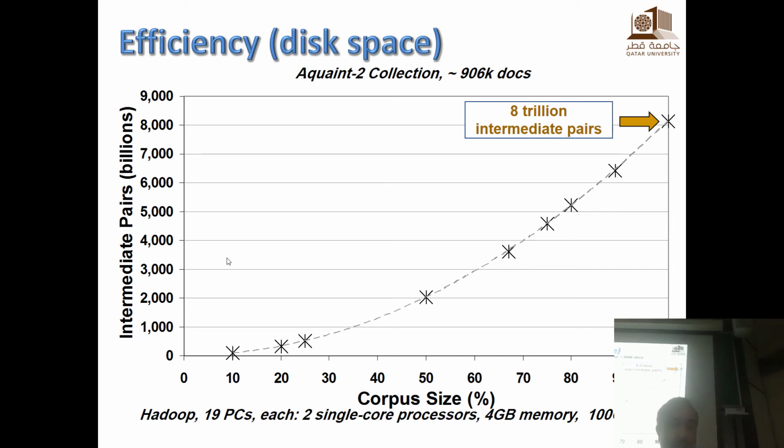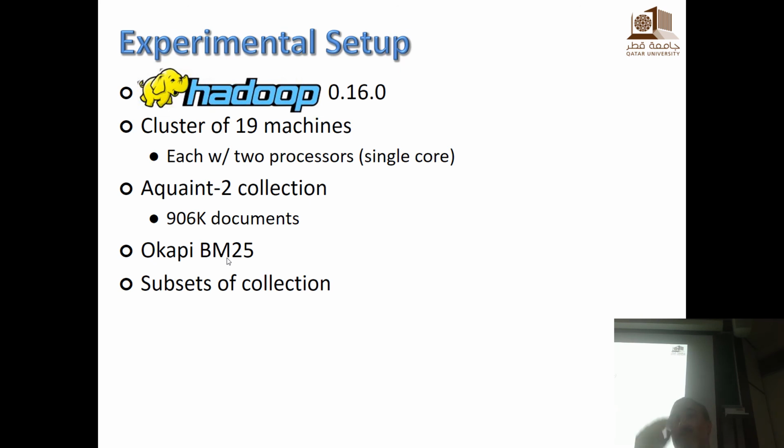So what is that figure? On the x-axis, so I told you that the collection that we worked with was about 1 million documents. Now we want to see how scalable the solution is. So you will see in the next slide the processing time of different sizes of data, different subsets, to see if we increase the size of the data, what will happen, how much time it will take.